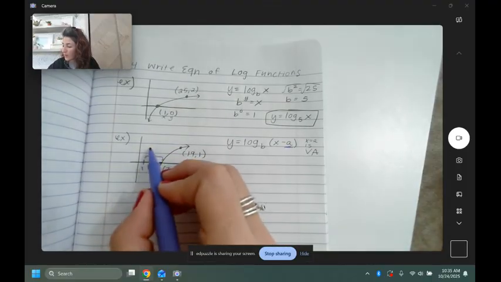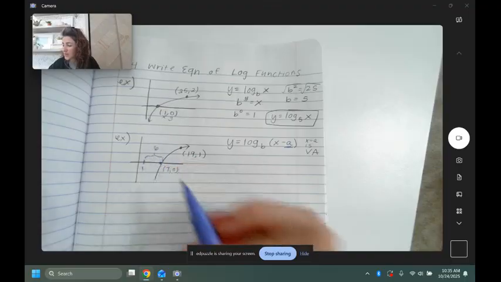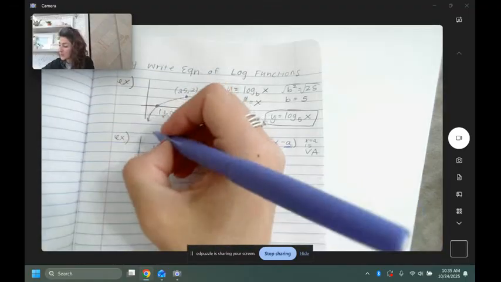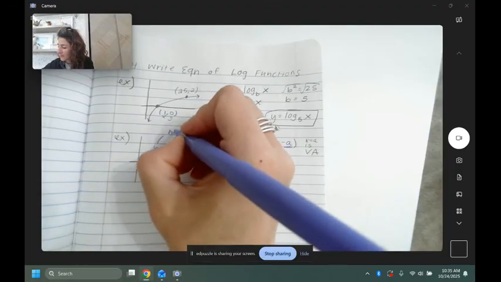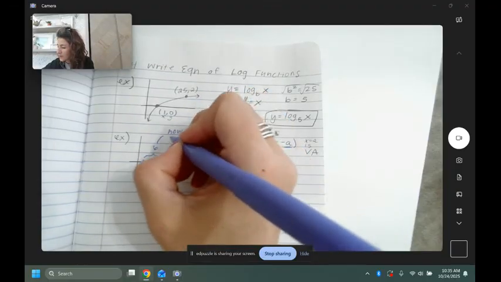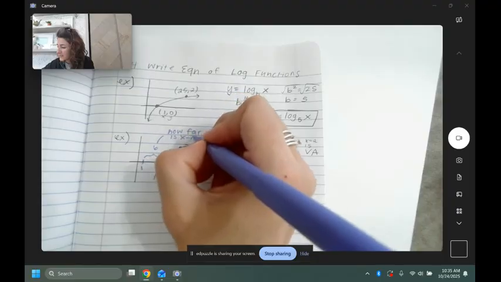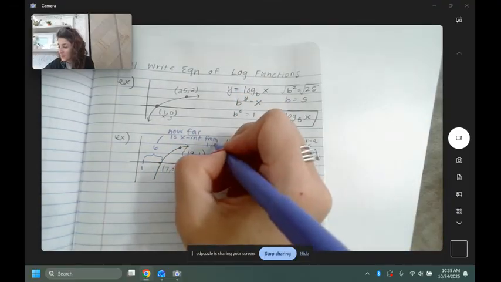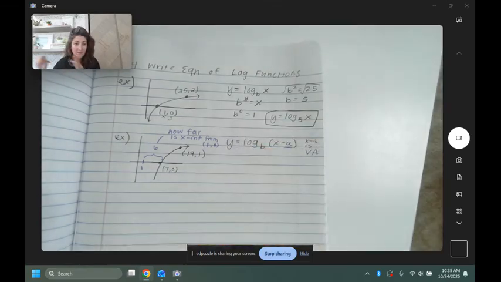And it is 6. It is 6 away. How far is the x-intercept from 1, like from the point (1, 0)? And it's 6. a is 6.